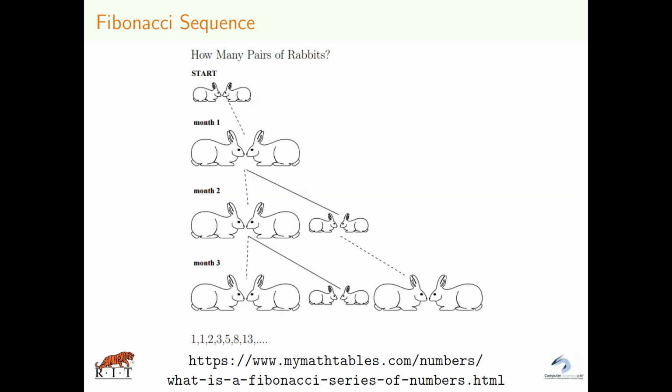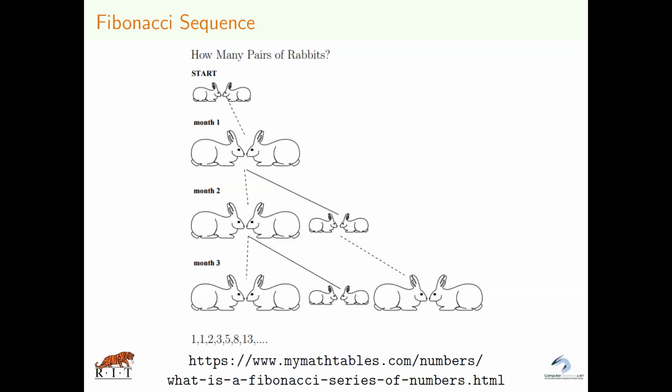So on the next month, we will have 3 couples plus couples from the rabbits that can produce, and they are the same rabbits which were on the previous month. So we have 3 couples plus 2 new couples of rabbits.